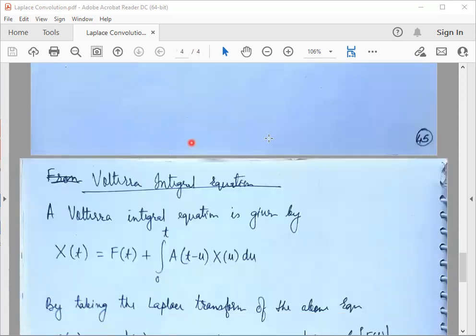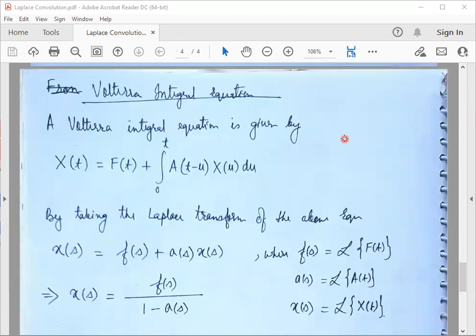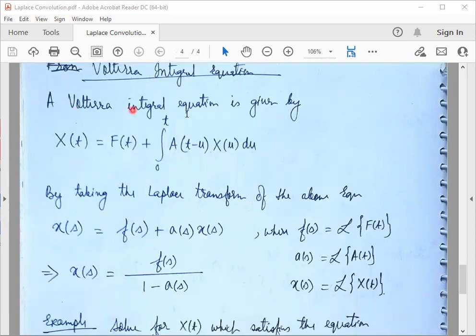Now let us look at another application of the convolution theorem, that is to solve the Volterra integral equation. The Volterra integral equation is given by this equation: capital X of t is equal to f of t plus the integral of a, some function of t minus u, x of u du. This is nothing but the convolution of a and x.